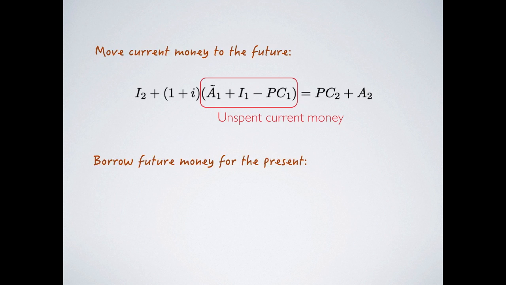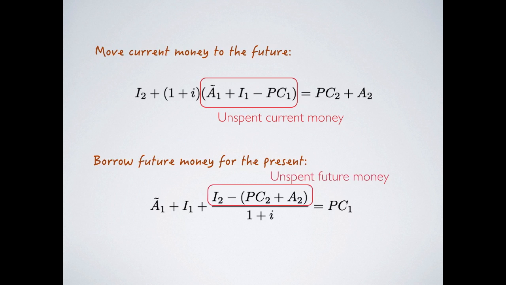The other way to think about the intertemporal budget constraint is to think about borrowing or moving future money to the present. Then we end up with an intertemporal budget constraint like this one, where we have A1 tilde plus I1 for present income source from today, plus extra money moved from anything we did not spend in the future to today.